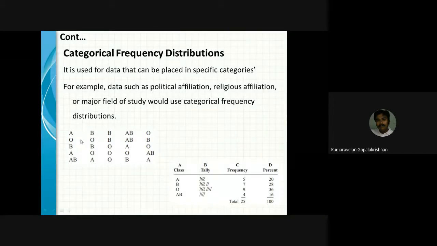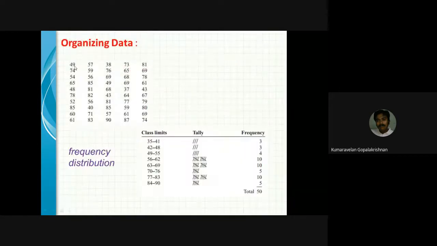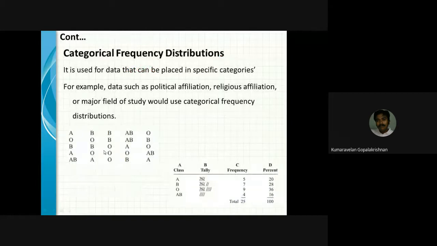Here you are not seeing continuous values. In the previous example you saw continuous values, that is quantitative data. But here I am given qualitative data, that is, data of categorical nature. If you look closely, it is blood group: A, B, O, like that.